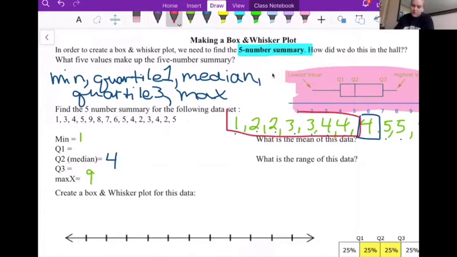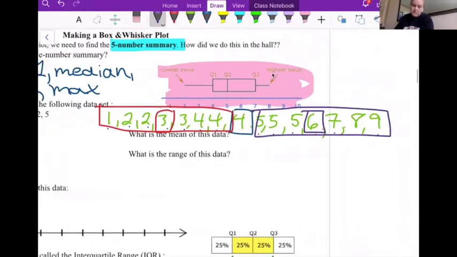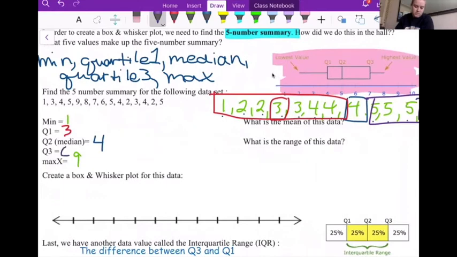And so if I look at this, I want to find the middle number of this. And so that would be my 3. And I want to do the same thing up here. I'm going to find the middle number, and so that is 6. And so that's how we find Q1 and Q3.